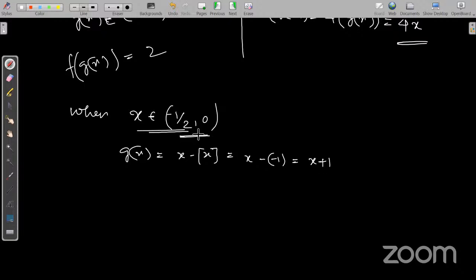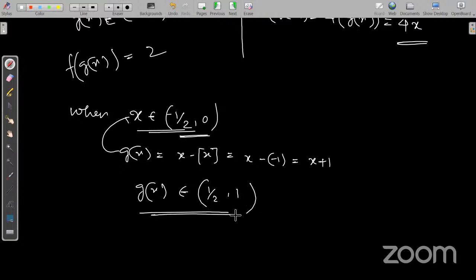So when x belongs to minus 1/2 to 0, does g of x belong to 0 to 1? Minus 1/2 plus 1 will be 1/2, so x plus 1 belongs to 1/2 to 1.